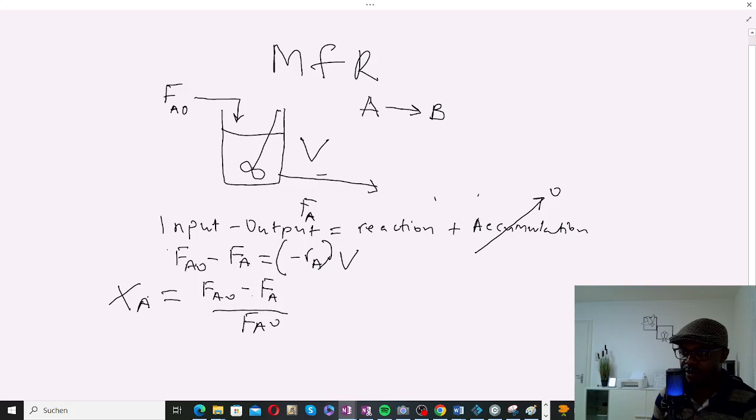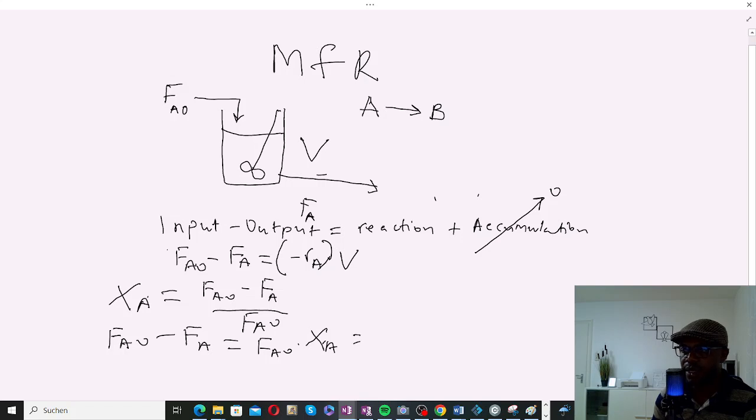So from this expression, it therefore means that FA0 minus FA is simply put FA0 times XA, the conversion.